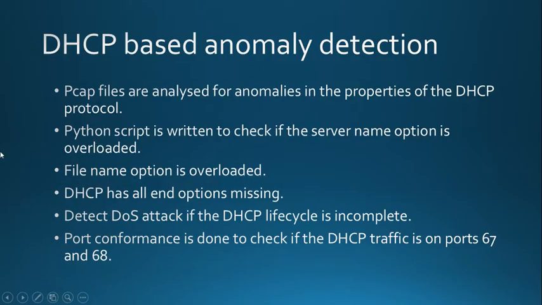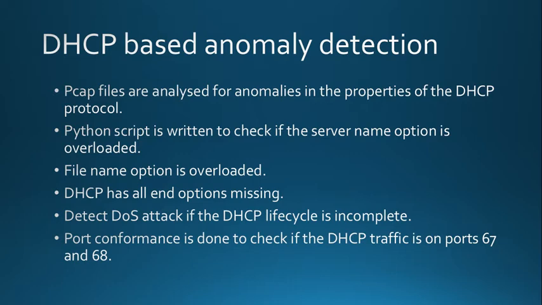So here again, PCAP files are analyzed for anomalies in the DHCP protocol, and the file name option is checked for overloading, and the server name option is again checked for being overloaded, and the DHCP is again checked for all the end options, and if the end options are missing, then a possible alert is again detected and given to the user, and the denial of service attack is checked if the DHCP lifecycle is incomplete.